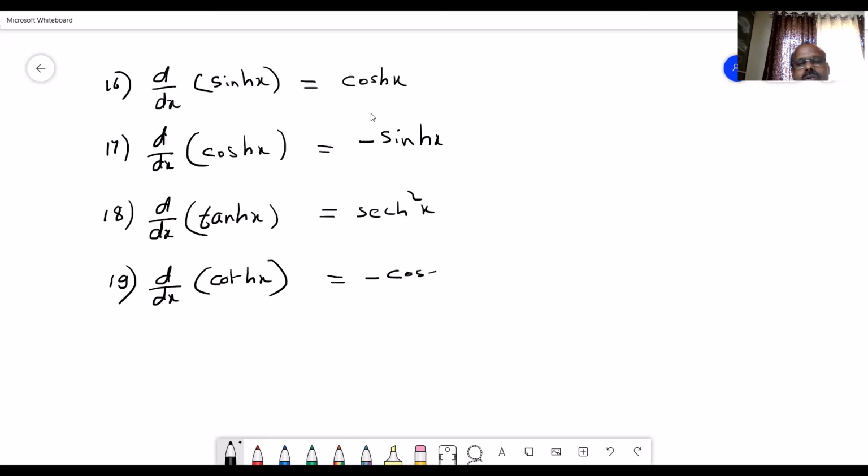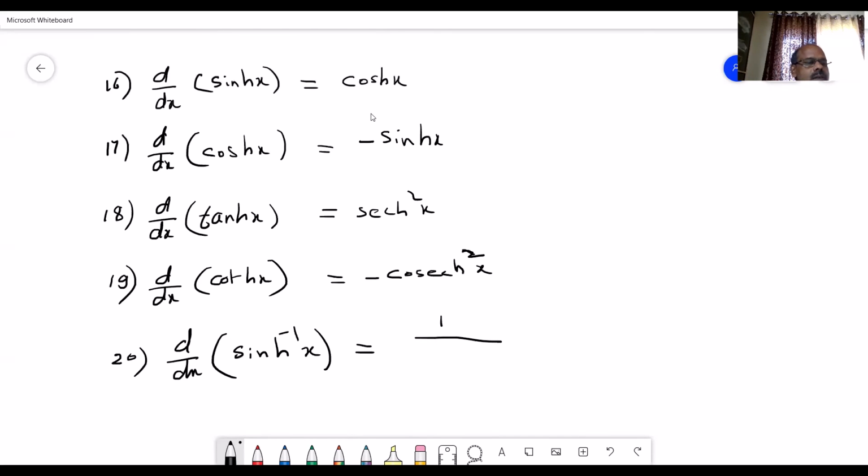Minus cosec h square x. Now dy by dx of sin h inverse x is equal to 1 divided by square root of 1 plus x square.